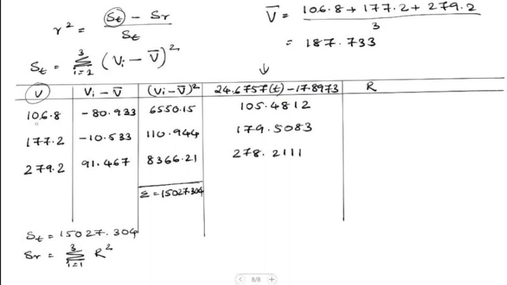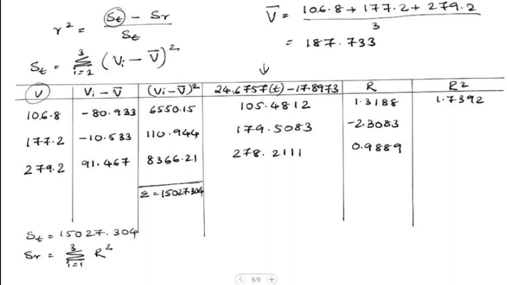So we subtract 106.8 minus 105.4812, and that gives us 1.3188, then minus 2.3083, and we get 0.9889. The next step is to square all of these values.